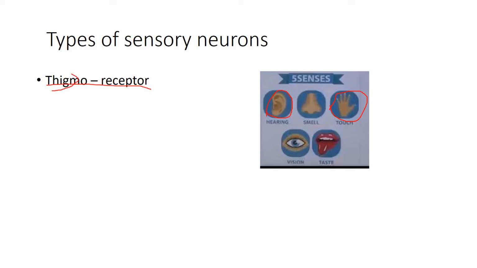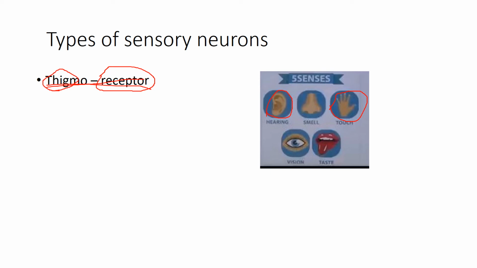Thigmo means touch. Receptor means it accepts the touch or the sense from the thing to the neuron. Where is the thigmoreceptor? It is in the skin and it is used for the touch.